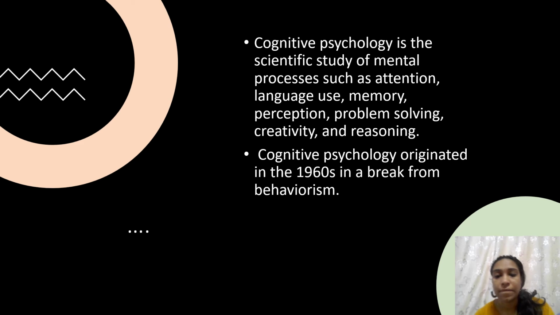Cognitive psychology is the scientific study of mental processes. Those mental processes are attention, language use, memory, perception, problem solving, creativity and reasoning. Cognitive psychology originated in the 1960s in a break from behaviorism.